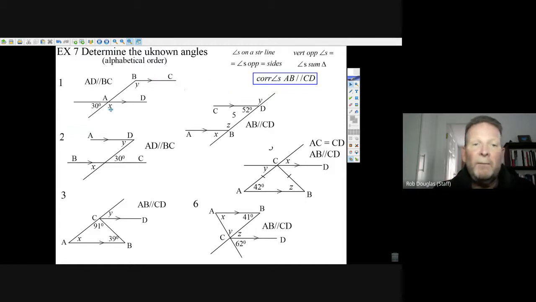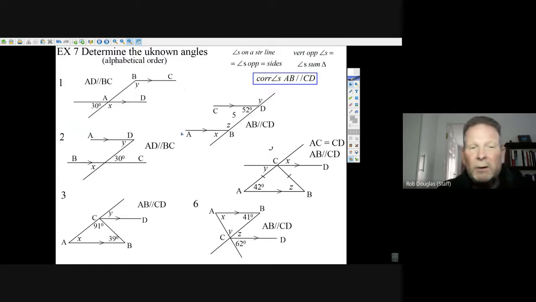Every one of these questions will be using corresponding angles are equal, and the fact that these lines that are given, like AD is parallel to BC in the picture, but other reasons may be used as well. Angles in a straight line, vertically opposite angles, the angles sum in a triangle to 180 degrees. All those reasons are part of these questions.